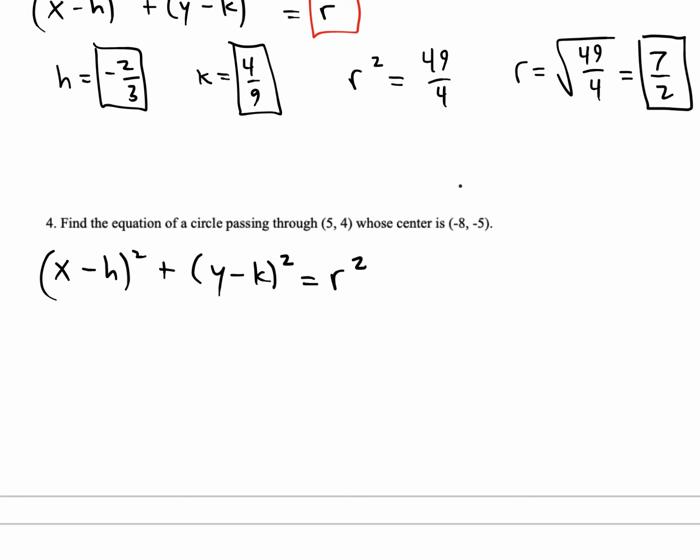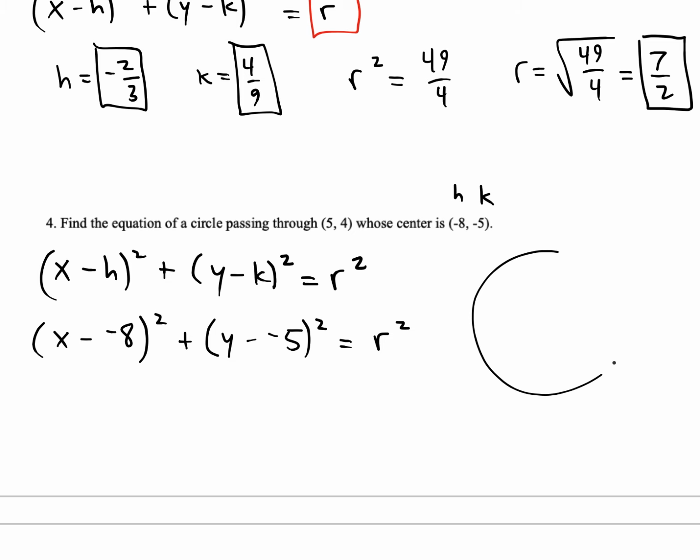So right away we can fill in the values of h and k, which is nice. We have a double negative there, and there's a double negative here as well. But it looks like the toughest part is going to be finding the r value.